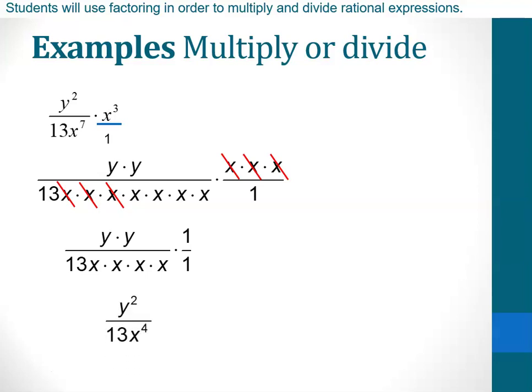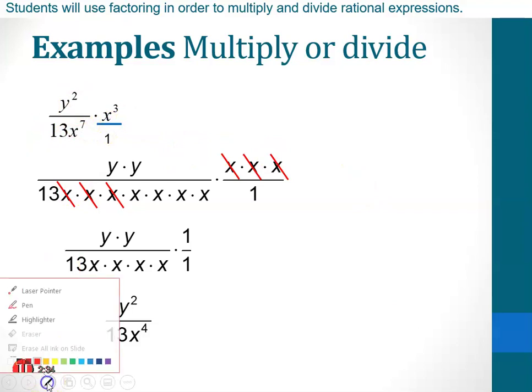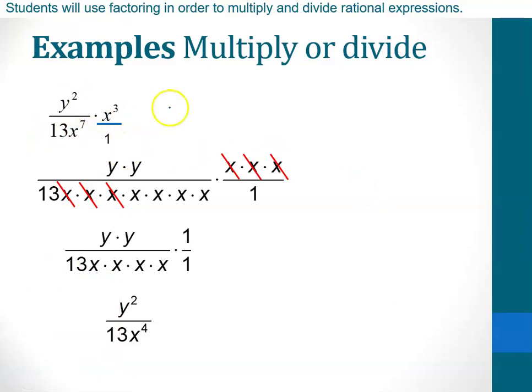Now, I could have done the same thing by simply looking at my exponents. So this is y squared over 13x to the 7th times x to the third over 1. Well, the y squared is not going to go anywhere because there's no other y's.